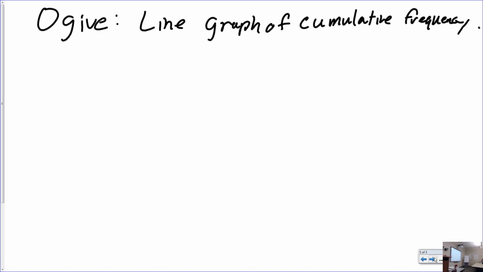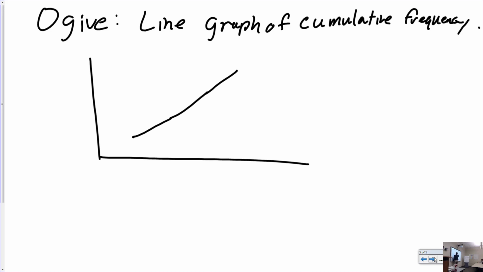Why do you think you would want a line graph of cumulative frequency? That's absolutely right. If you draw a line graph of cumulative frequency, you're going to start somewhere low, and then you're always going to go up. And folks, anytime you see a line graph like this, you can do statistical studies.